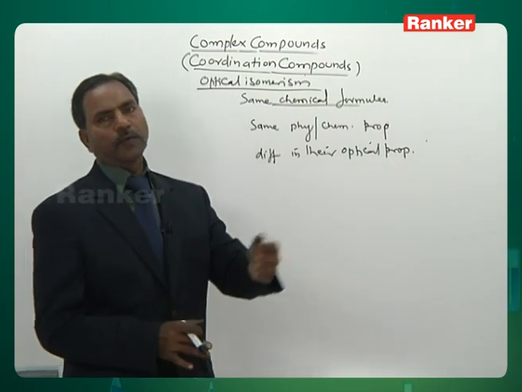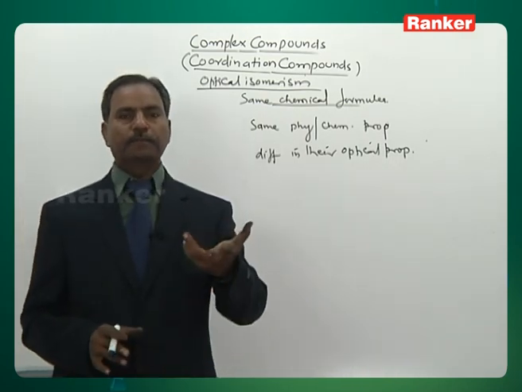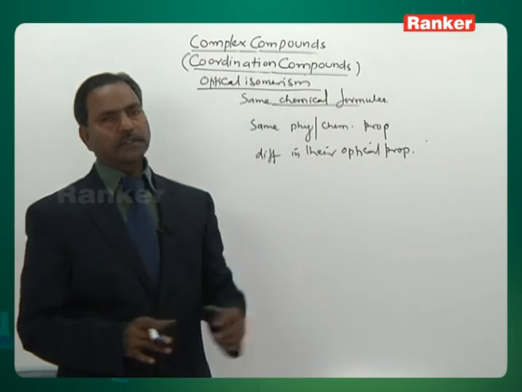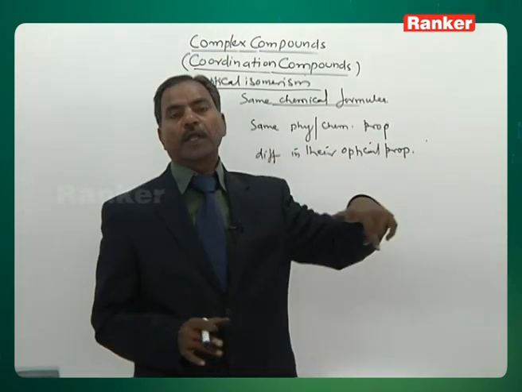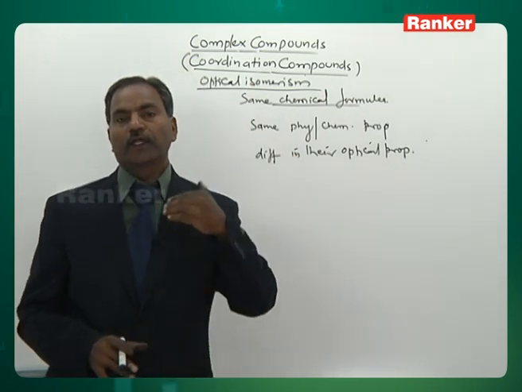Recollect, suppose you talk about geometrical isomerism. The complex compounds have the same chemical formulae but differ in their physical and chemical properties. Geometrical isomers differ in their physical and chemical properties.